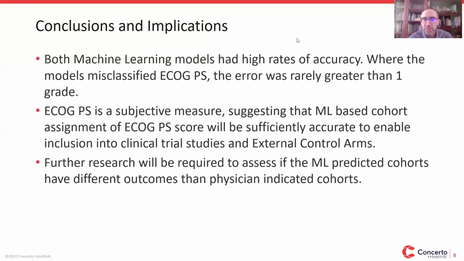And since ECOG PS is a subjective measure, which is not necessarily going to have the same inter-observer result, this suggests to us that ML-based cohort assignment of ECOG PS scores will be of sufficient accuracy for the applications that we thought of around clinical trial inclusion and external control arms.